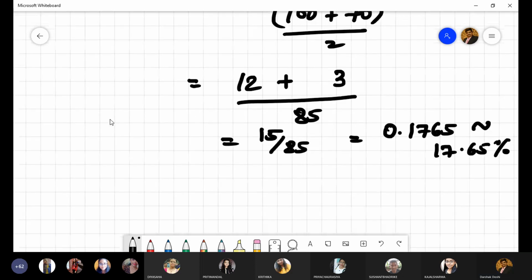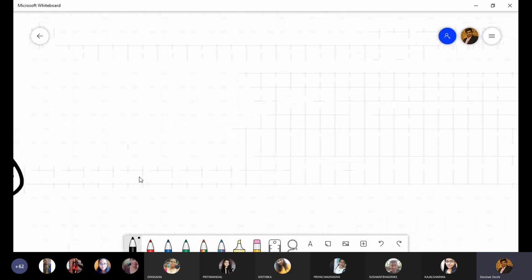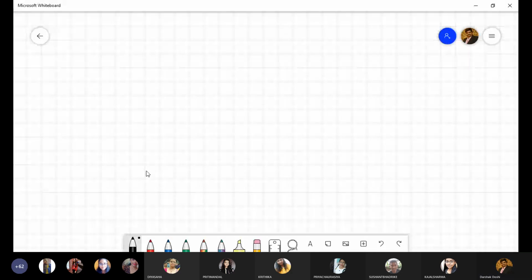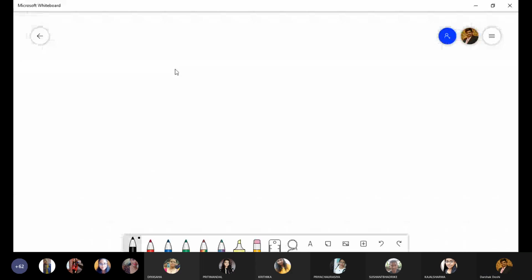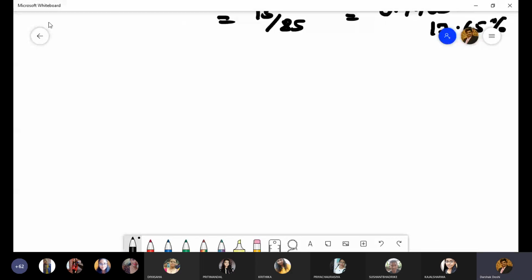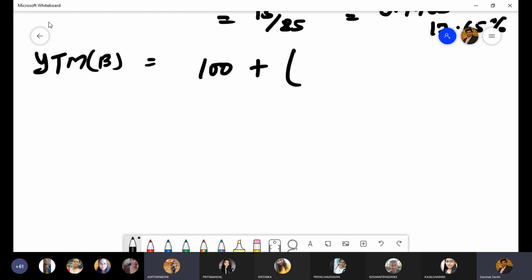Continue with B. Percent of 1000 rupees face value, 100 plus, how much is the maturity value? 1000 in absence of information. Purchase price 600 divided by 6.